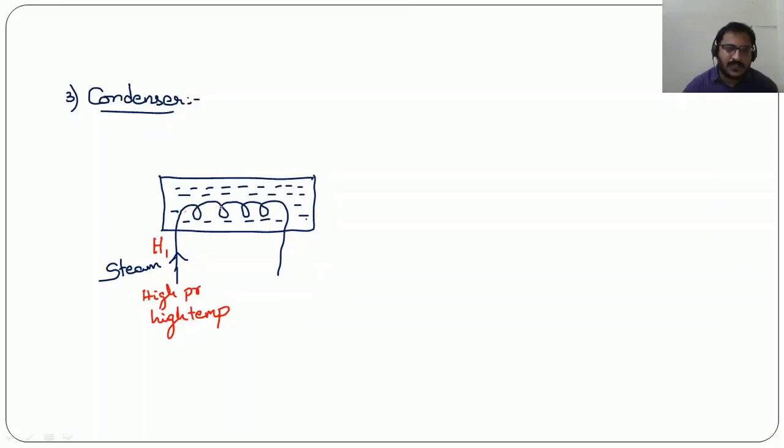Now this steam rejects certain amount of heat to the cooling water. So heat is rejected here, and as a result of that, with same pressure, in condenser pressure remains constant as far as our applications are concerned.